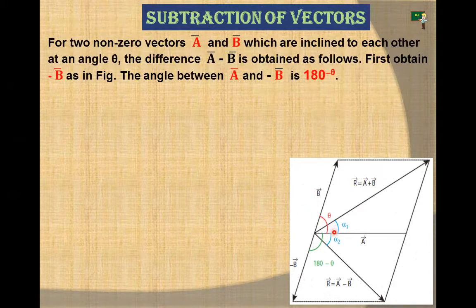First obtain minus B vector as in the figure. The angle between the A vector and the minus B vector is 180 minus theta.